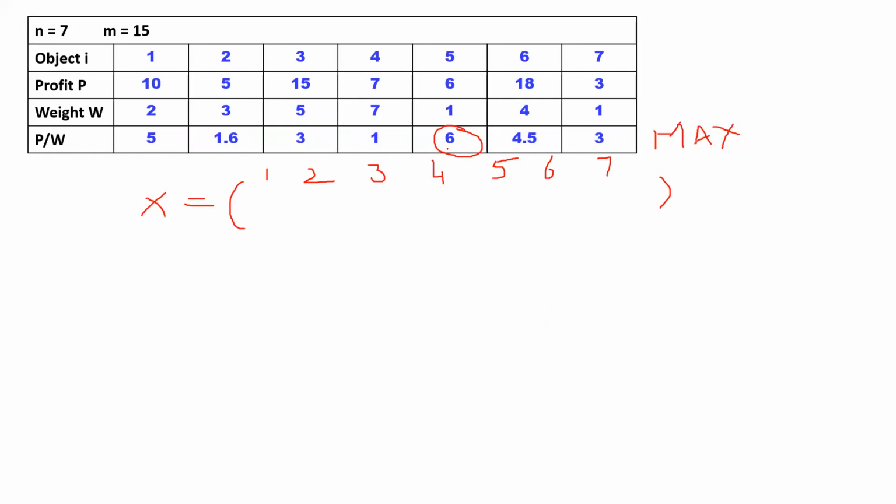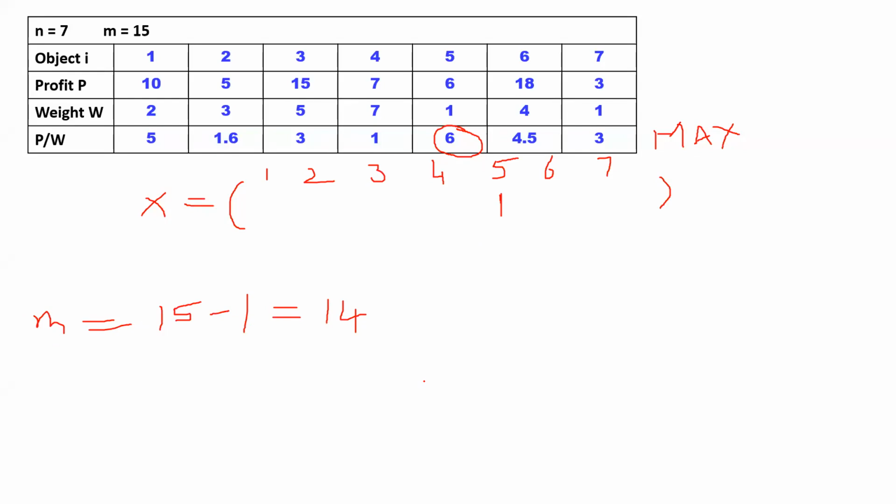Now, if I decide that I'll put the 5th object because it is giving me maximum profit with 1 kilo, I'll write a 1 here. That indicates that object 5 is fully put into the bag. The maximum capacity M is 15, and I have filled 1 kilo. Remaining will be 14. 14 more kilos I can put into the bag.